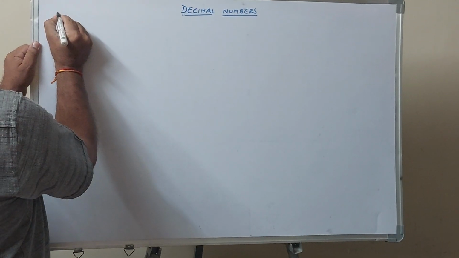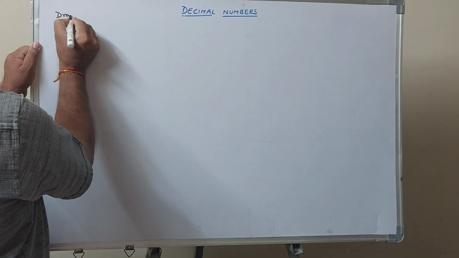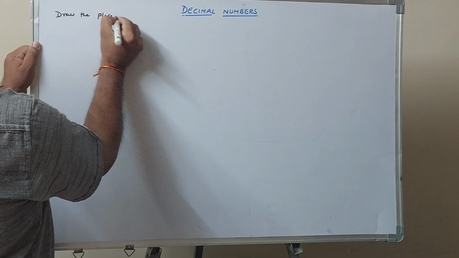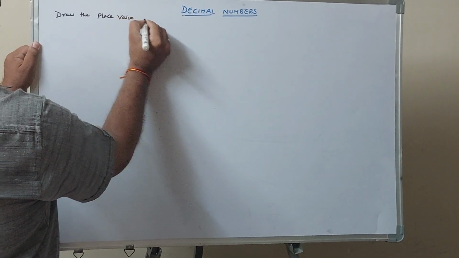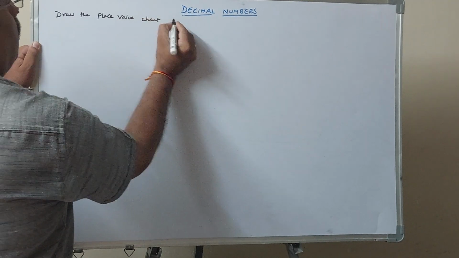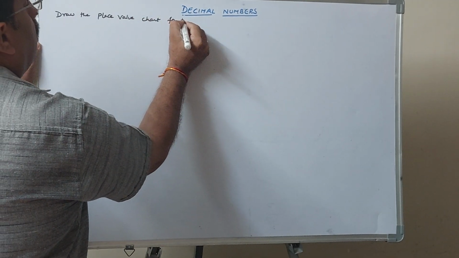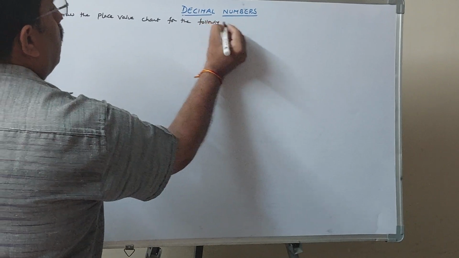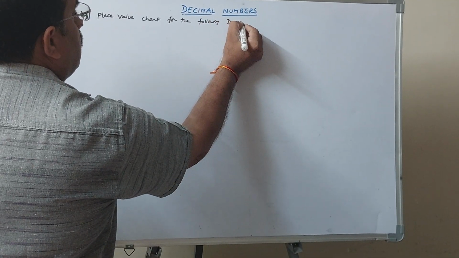Draw the place value chart for the following decimals.